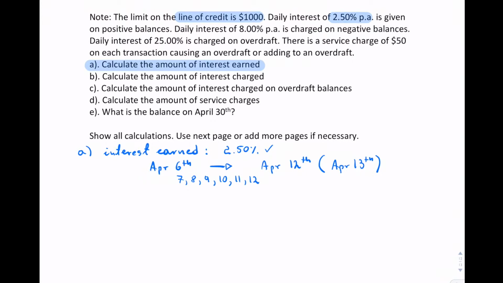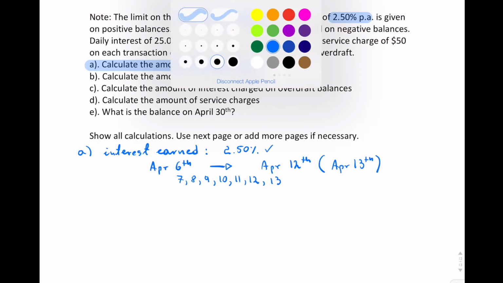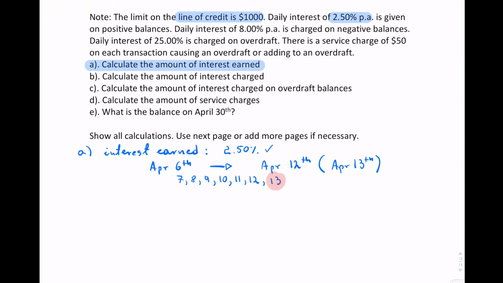April 13th would not count, so I'm going to put it here in a red highlight, as it has a different amount already. How many days did we earn interest for? 6, 7, 8, 9, 10, 11, 12. So we had it for 7 days that we were earning interest.